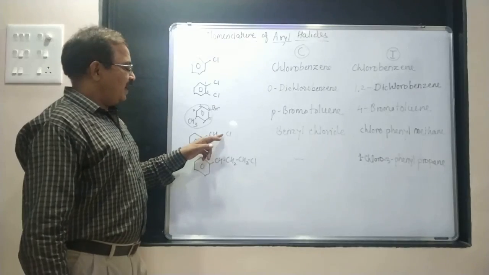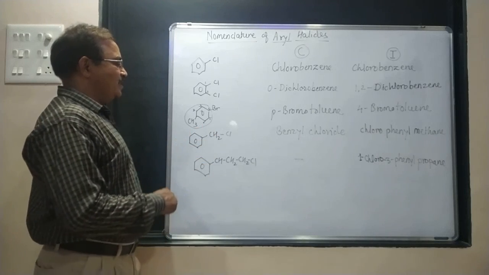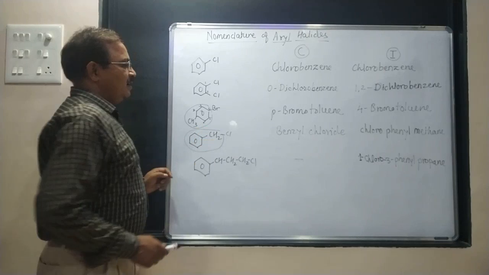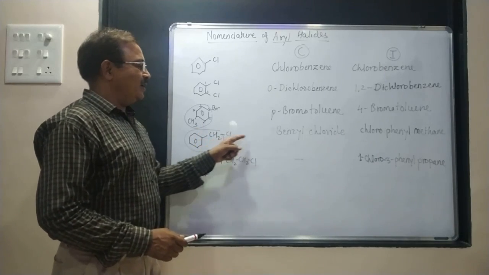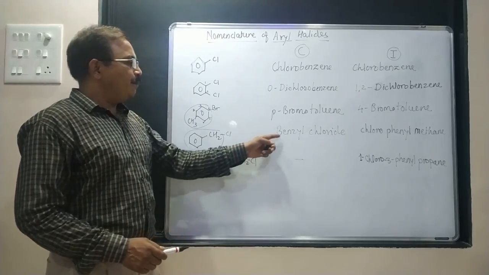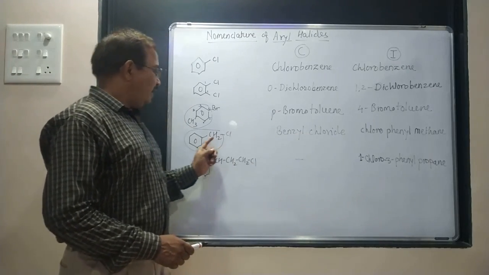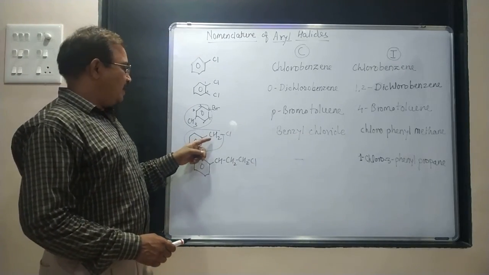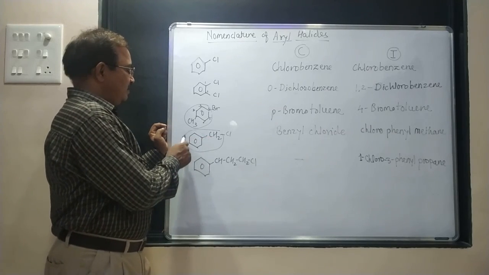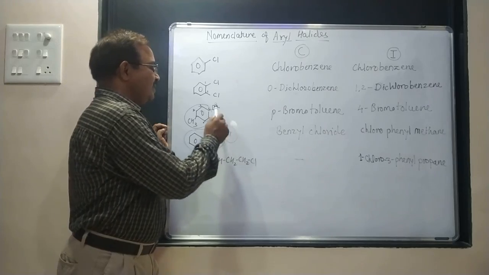This group is called a benzyl group, and this benzyl group containing chlorine, the common name is benzyl chloride. Now, the IUPAC nomenclature system. While considering the IUPAC system, this is one group and this is another group.